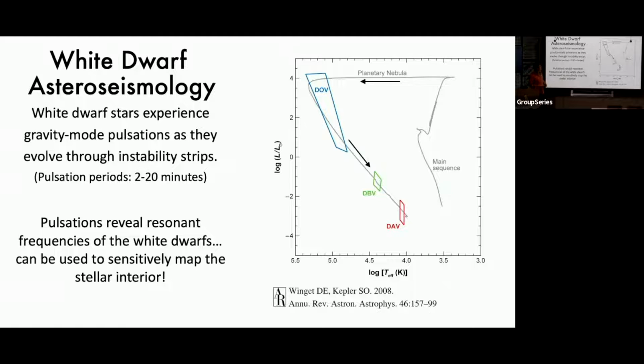So the big goal here is to use these pulsations to sensitively map the conditions of the stellar interior. Things like the shape of the oxygen profile within the core, the locations and masses of the different layers, the hydrogen layer, the helium layer, the mixing length of the convection, these sorts of properties that our stellar models are sensitive to when we produce pulsation periods.